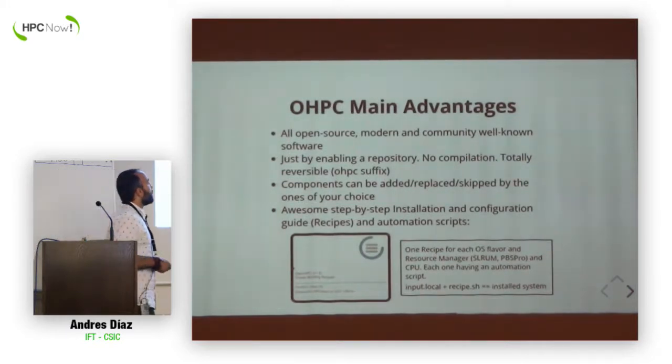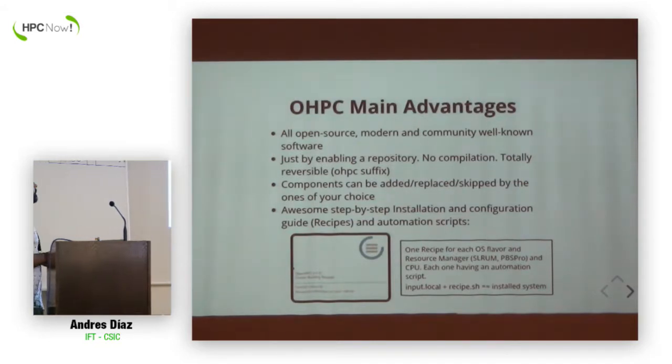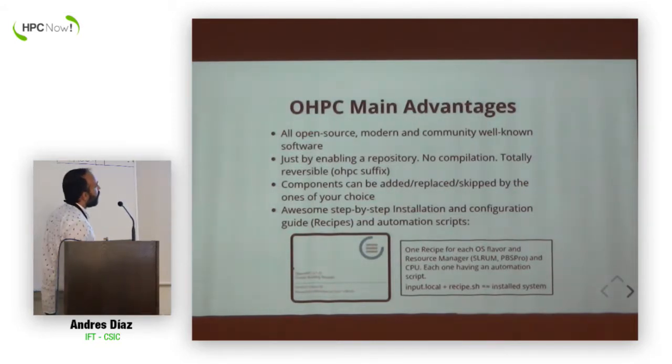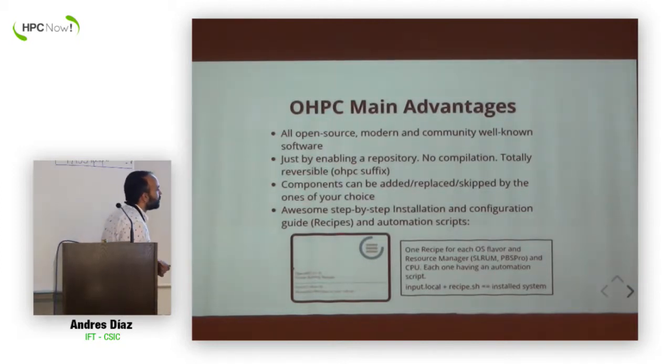So as I said, it has several advantages for us, and the main one is that it's all open source and it's modern and well-known software in the community. So you don't find anything weird in that repository. You activate it just by enabling a repository. You don't need to compile anything, and it's totally reversible.